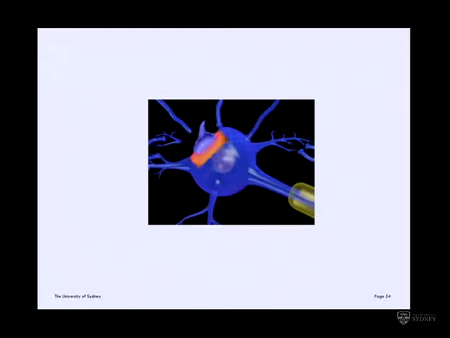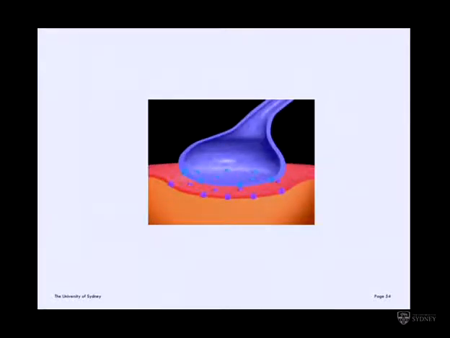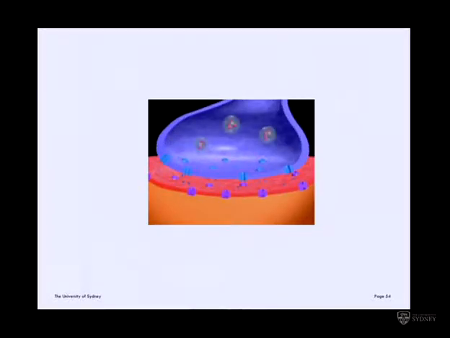When an action potential arrives at the synaptic knob of the presynaptic neuron, voltage-regulated calcium gates open. Calcium ions enter and bind to synaptic vesicles. This leads to exocytosis, which releases the neurotransmitter acetylcholine from the synaptic vesicles into the synaptic cleft. Acetylcholine molecules then diffuse across the synaptic cleft and bind to ACH receptors in the membrane of the postsynaptic neuron.